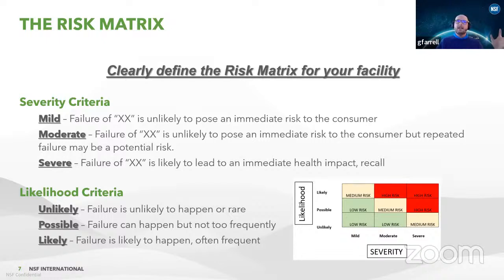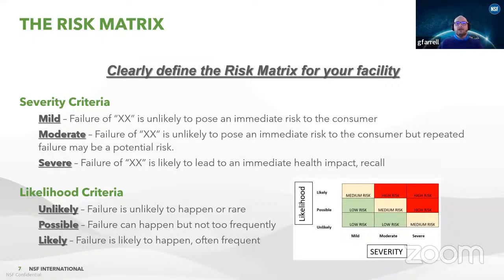Mild is equated to failure of double X being unlikely to pose an immediate risk to the customer. That double X is essentially our scope, what hazards or risks we're looking at within the scope of our risk assessment.